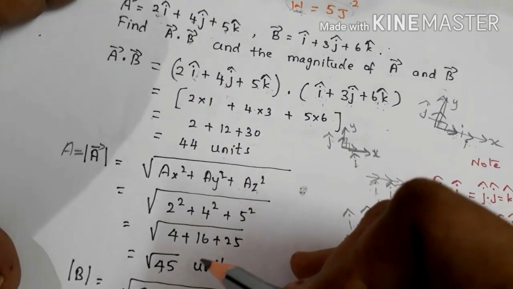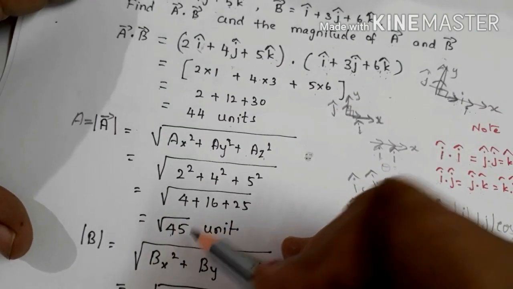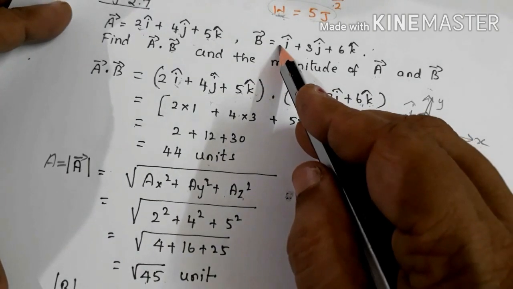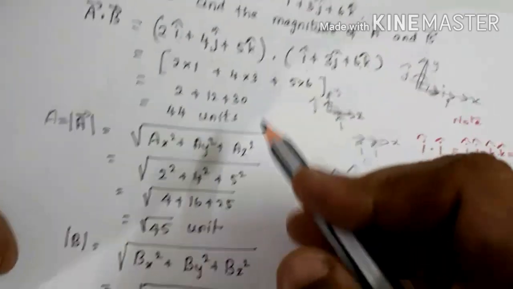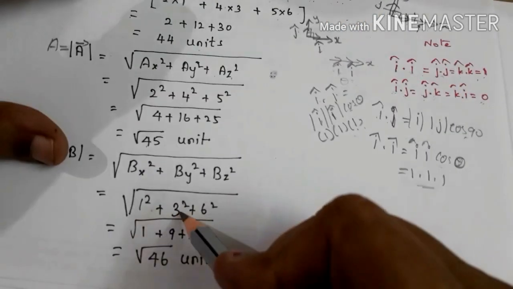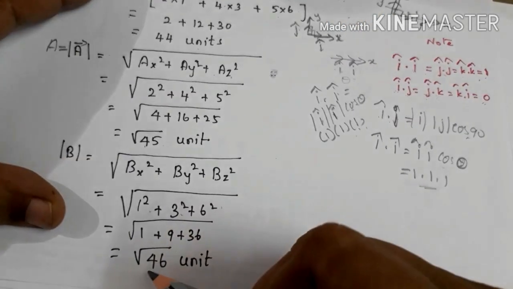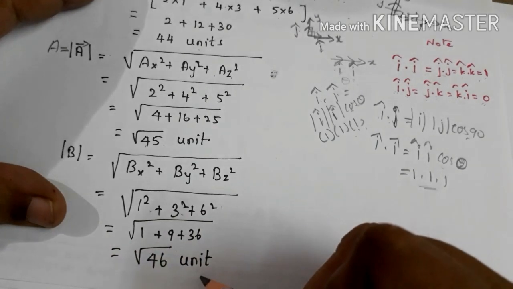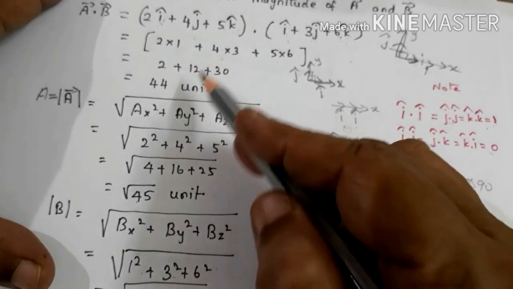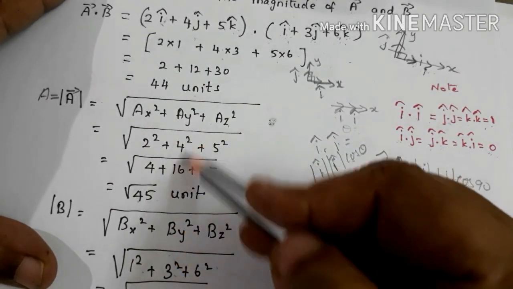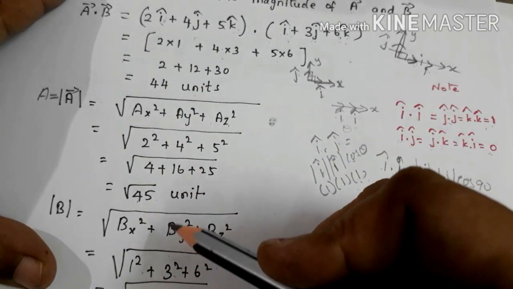If you solve this, you will get root 45. In the same way, for B, Bx square plus By square plus Bz square gives 1 square plus 3 square plus 6 square. If you solve this, you will get root 46 units. This is how you find the dot product, mod A and mod B. The magnitudes of vector A and vector B can be determined.